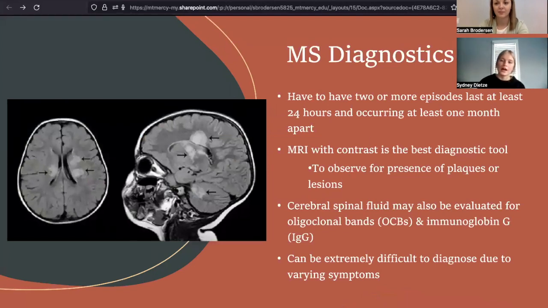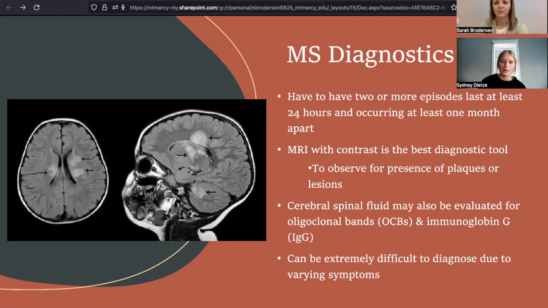So to have an MS diagnosis, you have to have 2 or more episodes that last at least 24 hours and occur at least a month apart. An MRI with contrast is the best diagnostic tool, and this can help observe for those lesions or plaques.